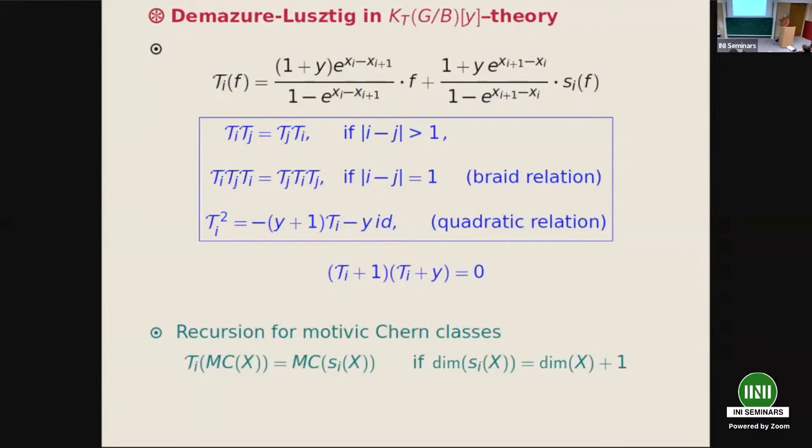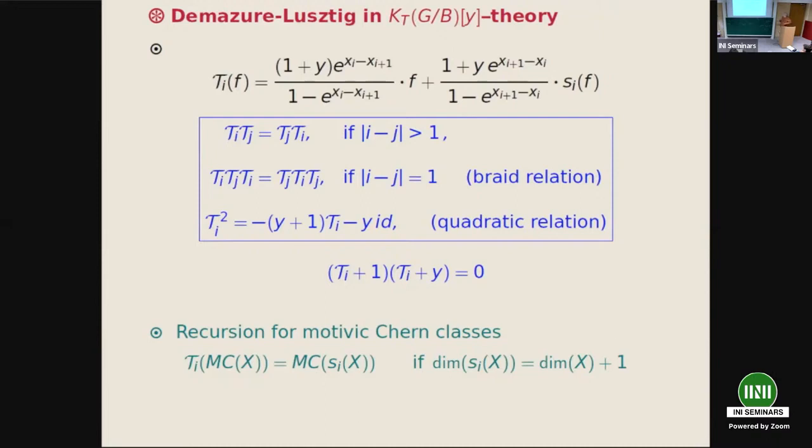So K-theory is a quotient, some Laurent polynomials, but these relations hold on the level of functions. And also we can show that the recursion of the motivic Chern classes satisfies the same as the fundamental class.